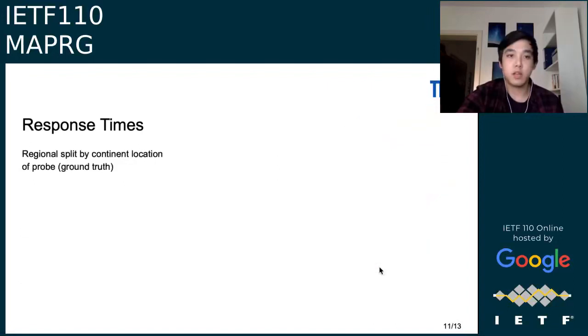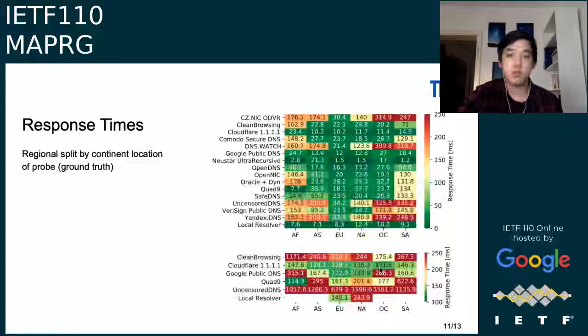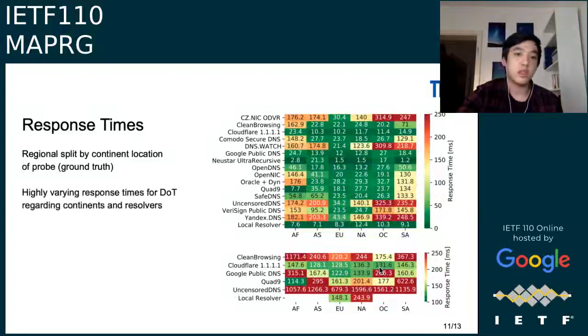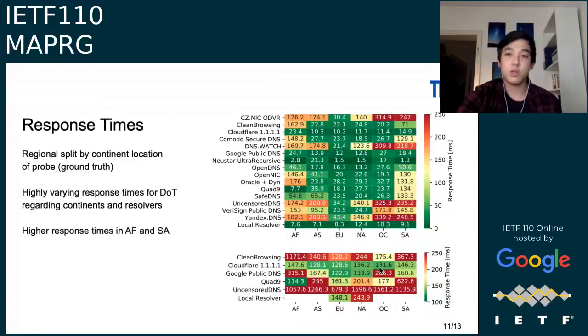Now, lastly, again, we split this by regional aspects. I don't want to go into too much detail here, so just briefly going over it, this is how it looks. And we see that before the failure rates were somewhat varying, but now the response times for DOT are highly varying regarding the cells on the bottom, although, again, we see higher values primarily for probes in Africa and South America.